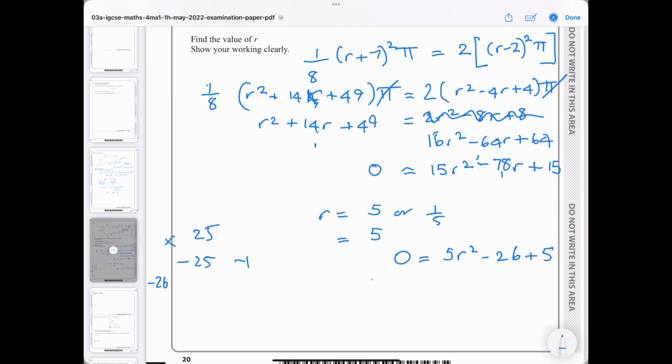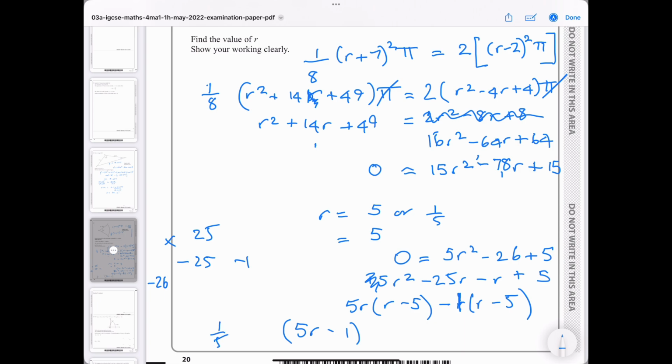So it's 5r squared minus 25r minus r plus 5, which factorises to 5r minus 1 times r minus 5, giving r equals 1/5 or 5. So 5 is the answer.